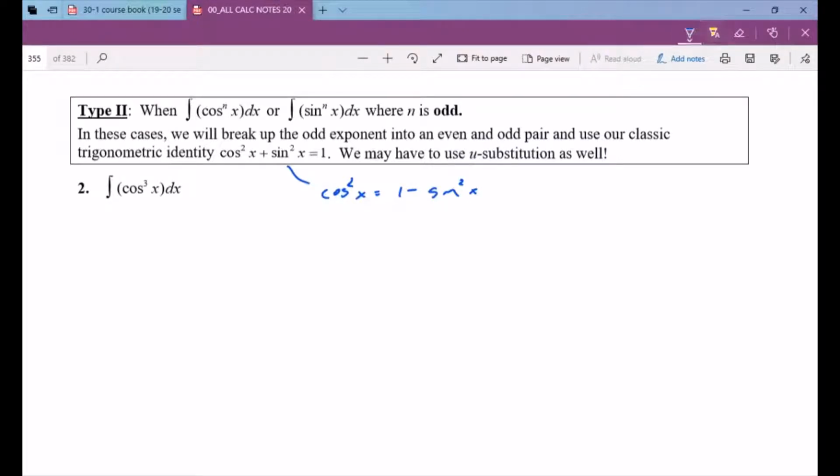What we're going to need to do with our integral is break cos cubed apart into cos squared x times cosine x dx. And maybe you can see where we're going with this: if cos squared is the same as 1 minus sine squared, let's do that substitution.